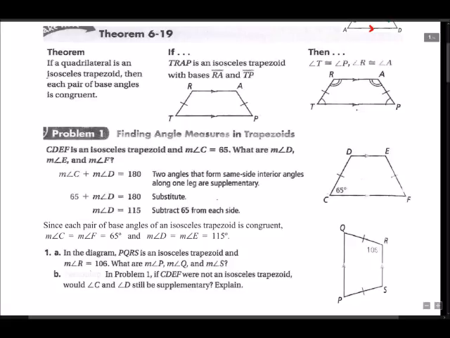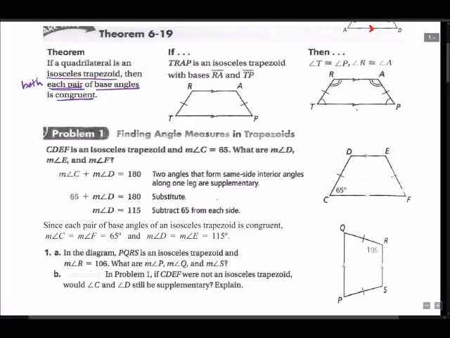If a quadrilateral is an isosceles trapezoid, then each pair of base angles is congruent. This is another one of those both things, each pair. So we have an isosceles trapezoid, one pair of parallel sides, our legs are congruent, then our base angles are going to be congruent.